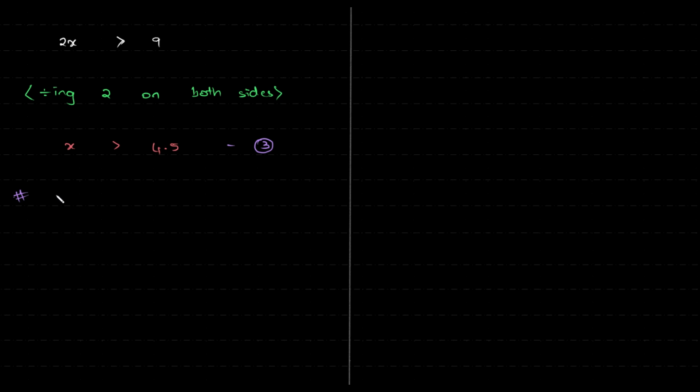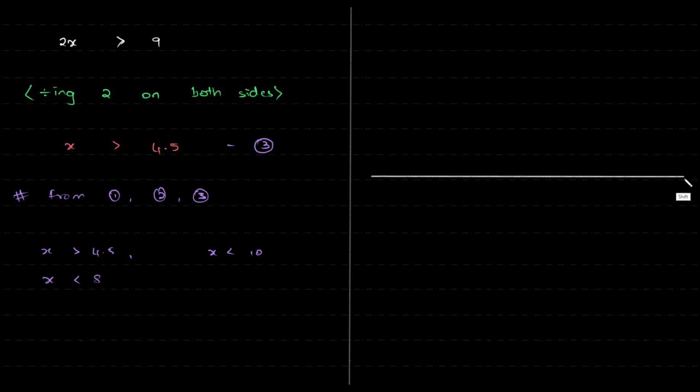So let me summarize that for you guys, from 1, 2 and 3. This part you need not write, but I'm just writing for clarity. So these are your conditions, is it not? How do we derive values from this? For that we need to make use of a number line.